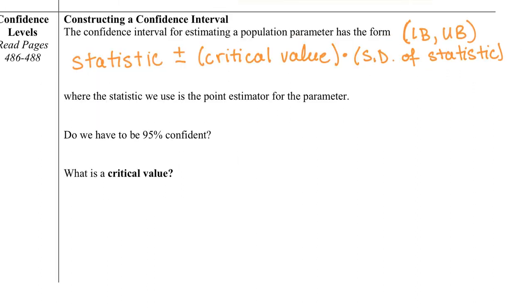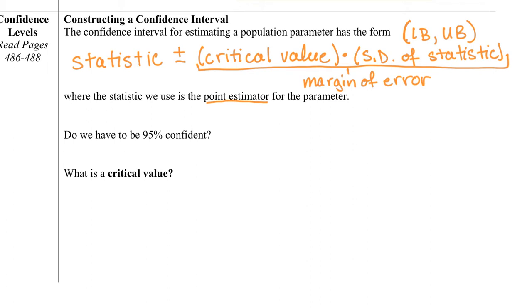We take our statistic or our point estimator and we add or subtract the critical value, we'll learn about those in just a moment, multiplied by the standard deviation of the statistic. That second part, the critical value times the standard deviation, gives us our margin of error. So there's a step we have to do to find our margin of error.